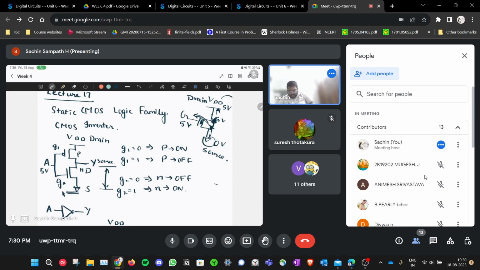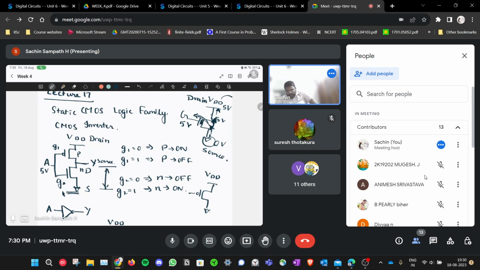But in the PMOS circuit, the majority carriers are holes. Holes, you can think of them as some kind of positively charged particle. Actually, there is no particle there, just empty space, but they behave as if there are positively charged particles.